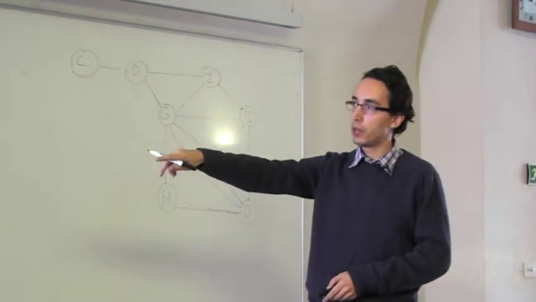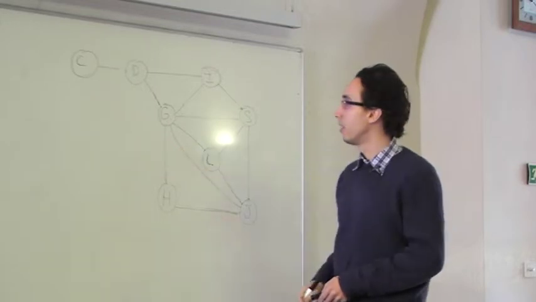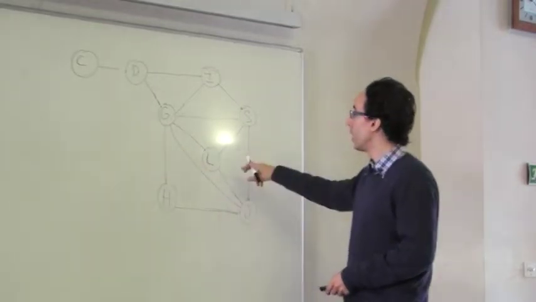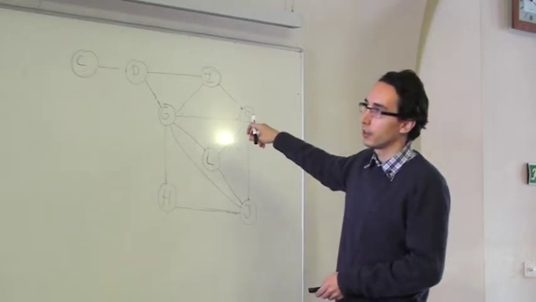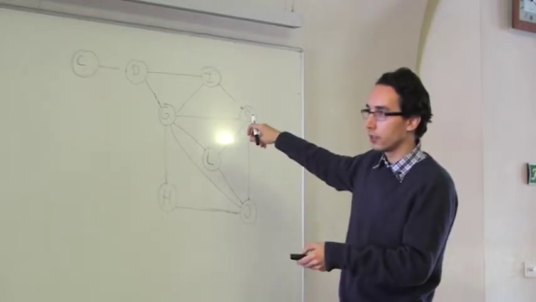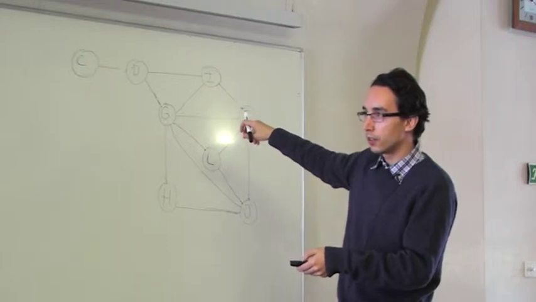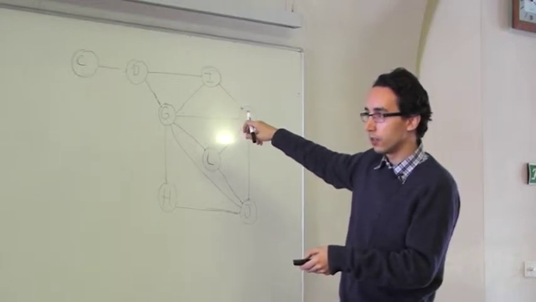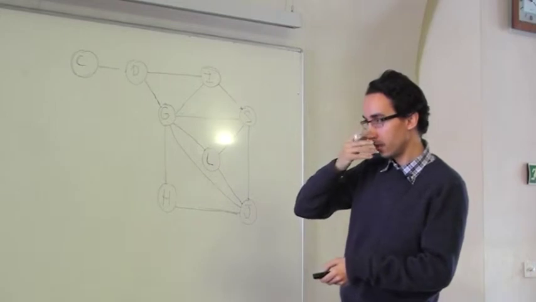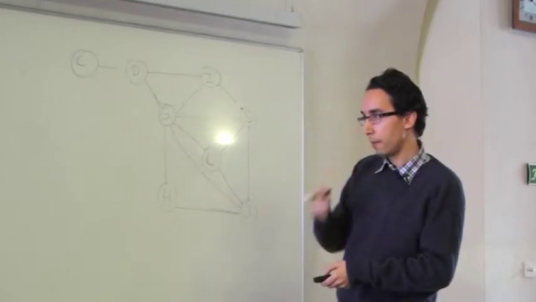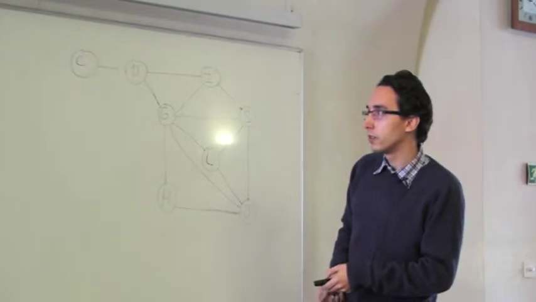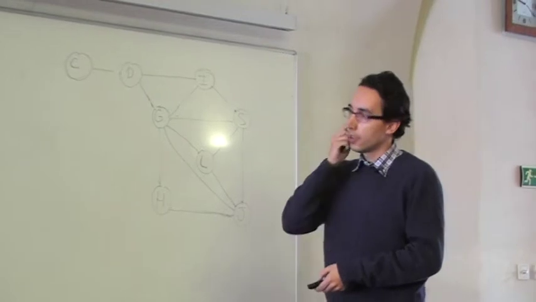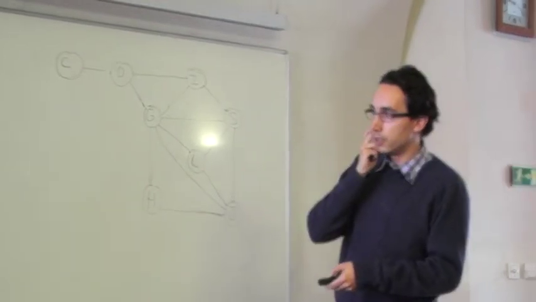Then the variable to be eliminated is G. The variable G has neighbors I and let's see. Yeah, I don't know why it is not connected G in this case.